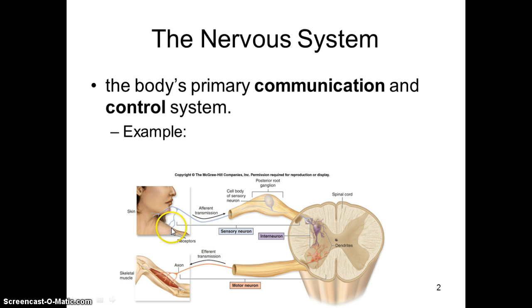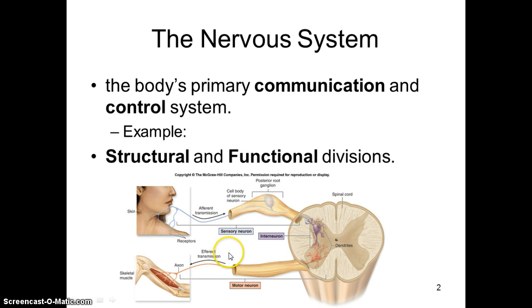So the idea is that the nervous system is monitoring the conditions in the internal and external environment. The body can then respond to any conditions that need a response.